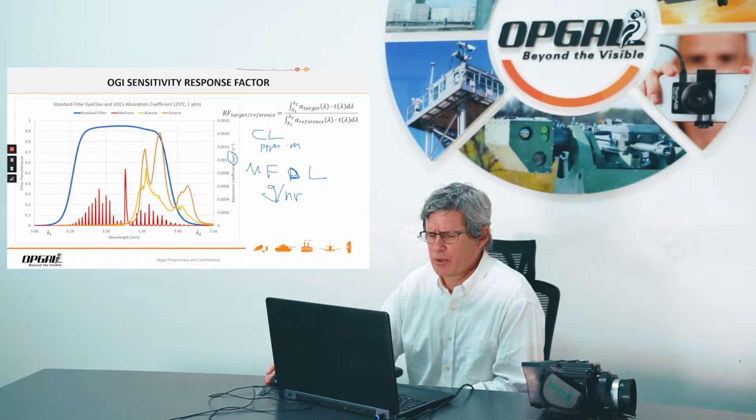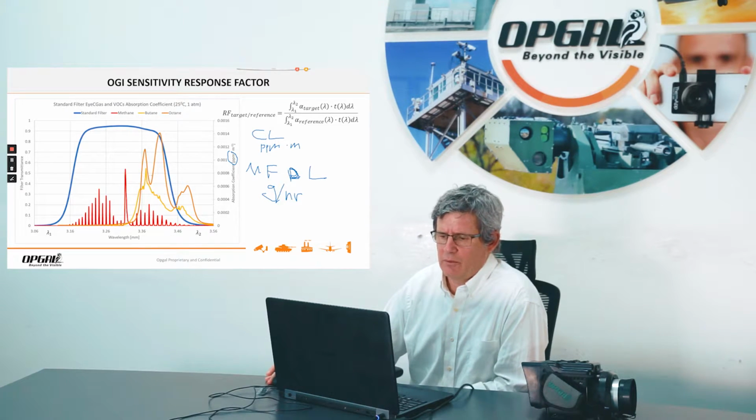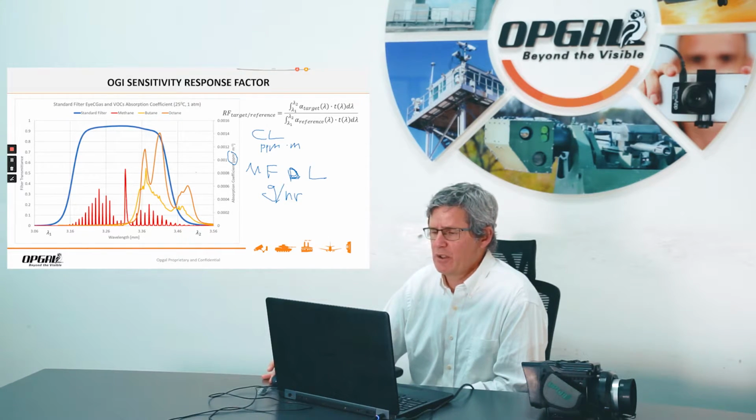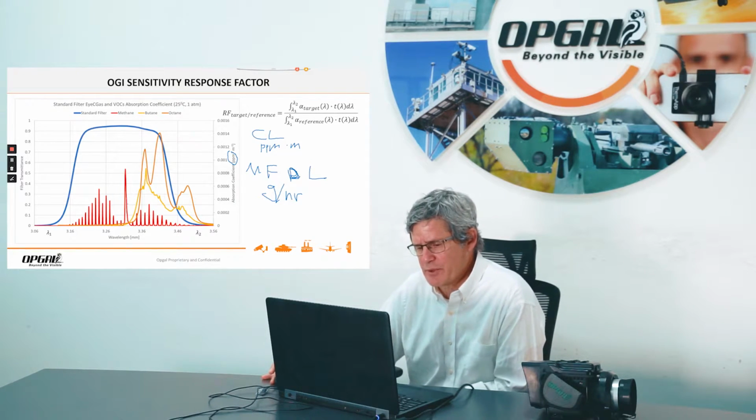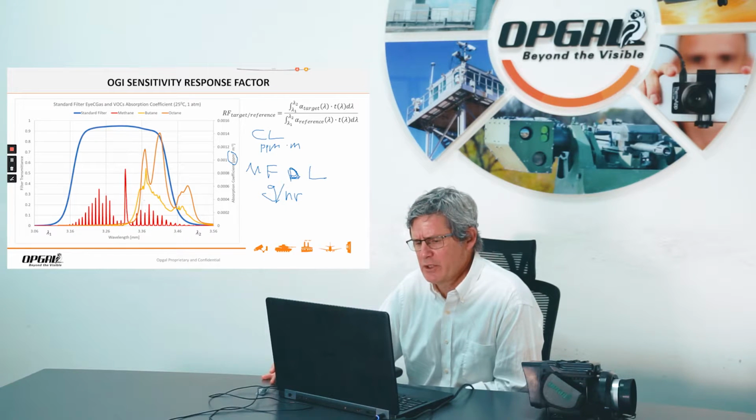Some of this absorption is not captured by the filter. The response can be calculated by integrating the absorption coefficient multiplied by the transmission, giving the absolute, or specific, response of each of these compounds on that filter.